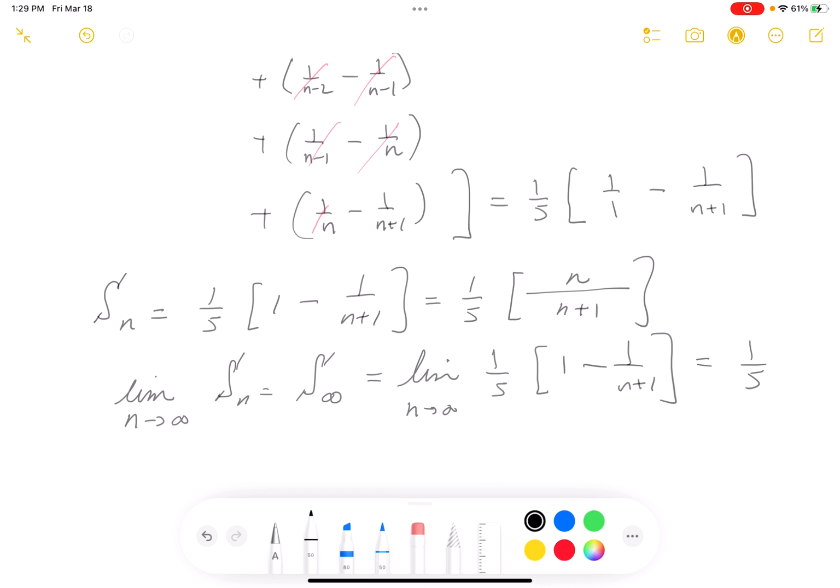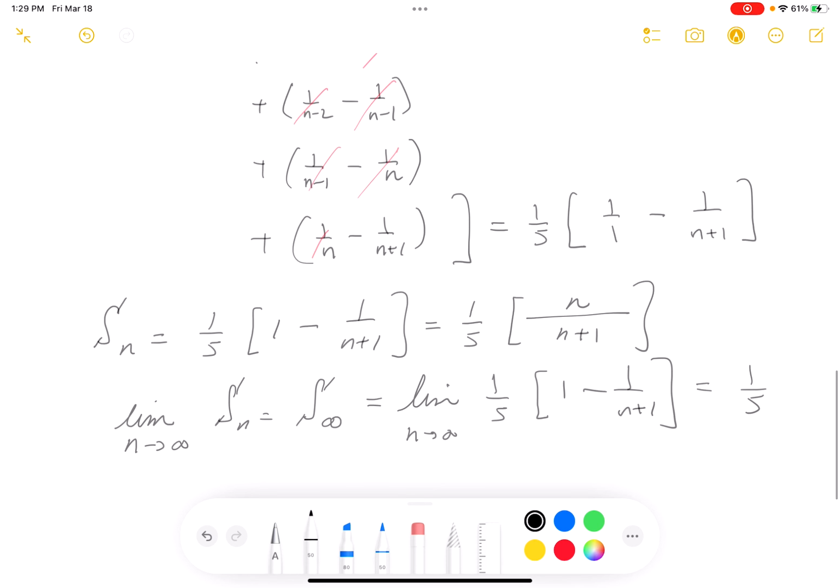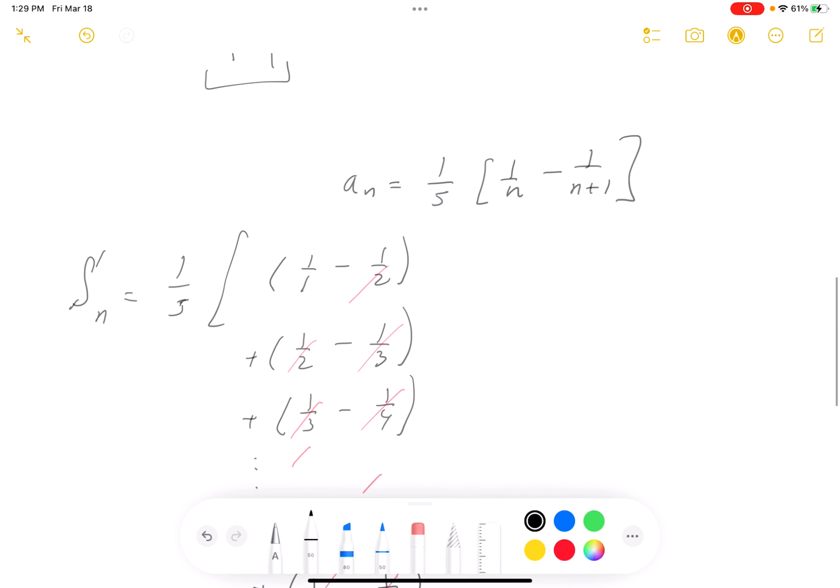Let's look at the key, see how we did. Let me see if I got the term. All right, did I get an? Whoops, I'm sorry about that. I'm looking at the key. I got an is 1/5 times 1 over n. Yep.